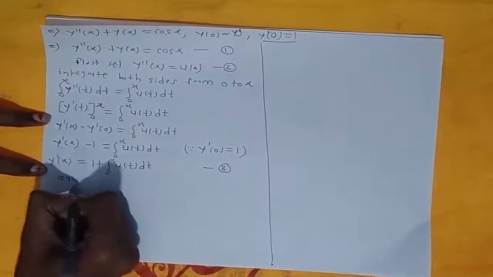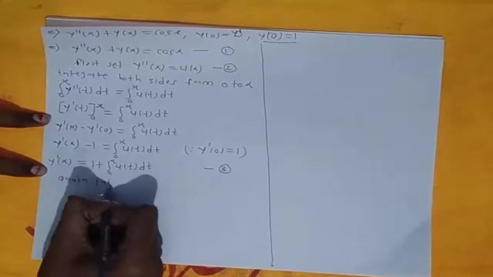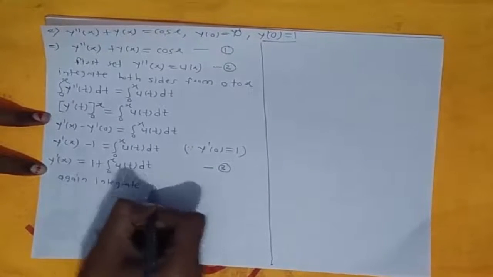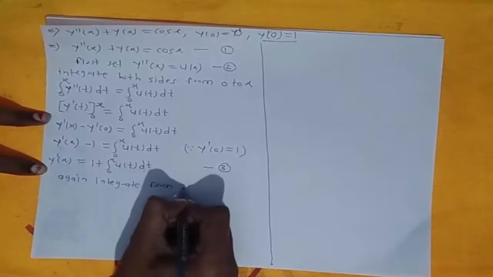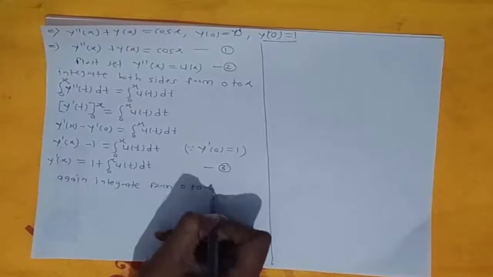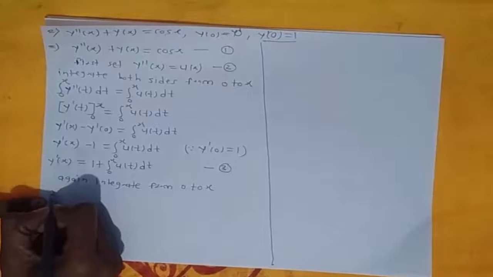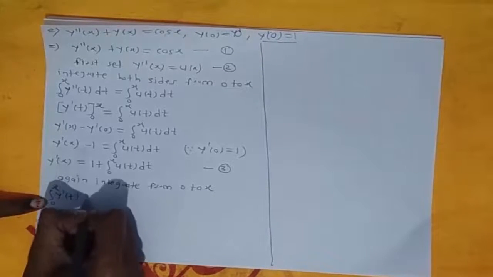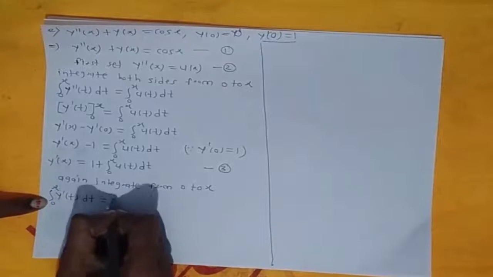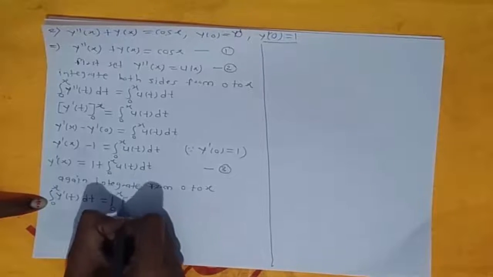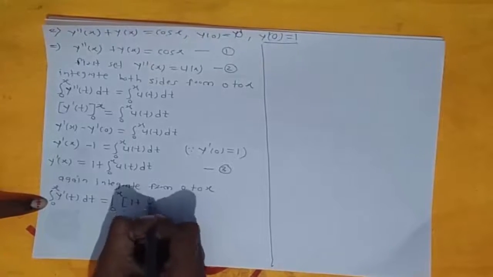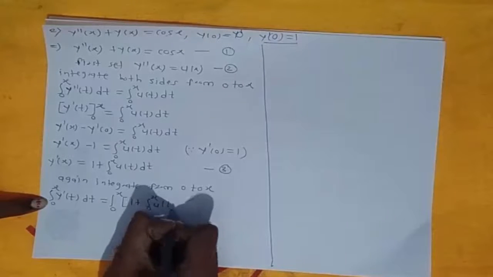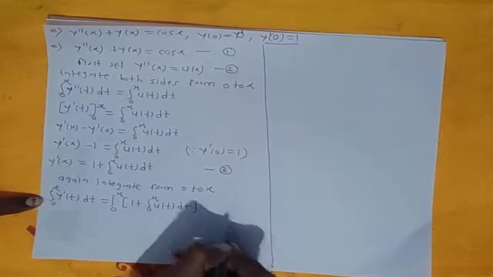Then again integrate from 0 to x on both sides. We get integration from 0 to x y dash of t dt is equal to integration from 0 to x in bracket 1 plus integration from 0 to x u of t dt.